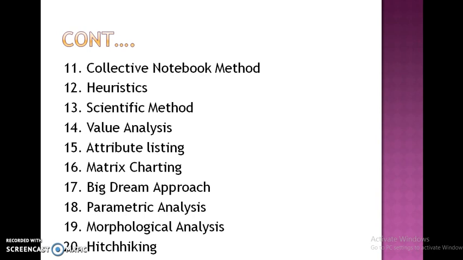Where can it be used? Who can use it? When can it be used? How can it be used? So, likewise, we can list an example for the matrix charting method. And then the next method is the big dream approach method.